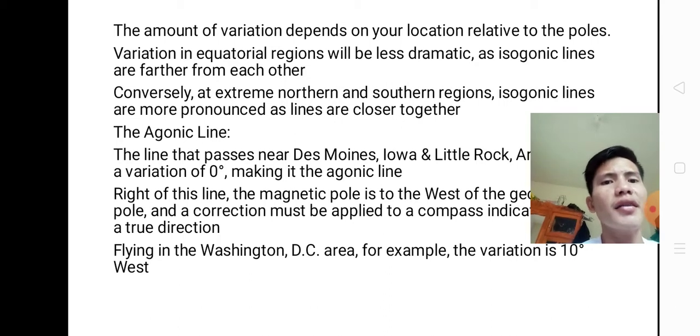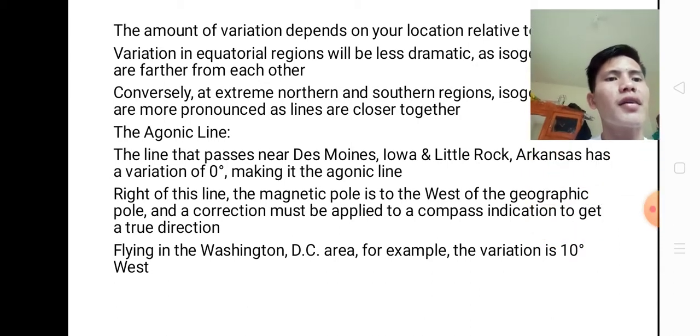The agonic line, the line that passes near Des Moines, Iowa, and Little Rock, Arkansas, has a variation of 0 degrees, making it the agonic line. Right of this line, the magnetic pole is to the west of the geographic pole, and a correction must be applied to a compass indication to get a true direction.